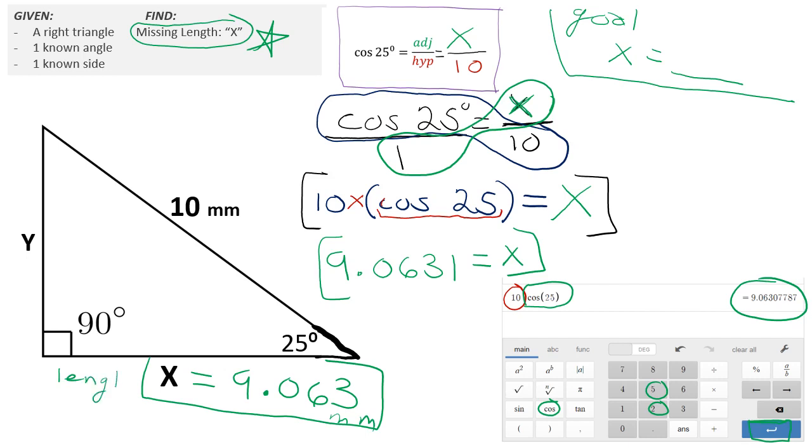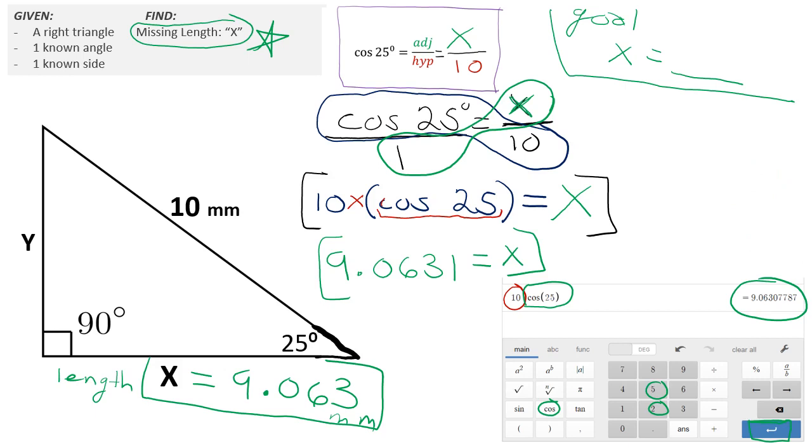Now, a few things on this. One, I have a lot of students ask me, because remember on the previous page, it was the cosine of 50, and I think it was 23 over x. And we ended up with x equaled 23 over cosine 50. So I have a lot of students ask me, well, how do you know whether you divide by the cosine or whether you multiply by the cosine?